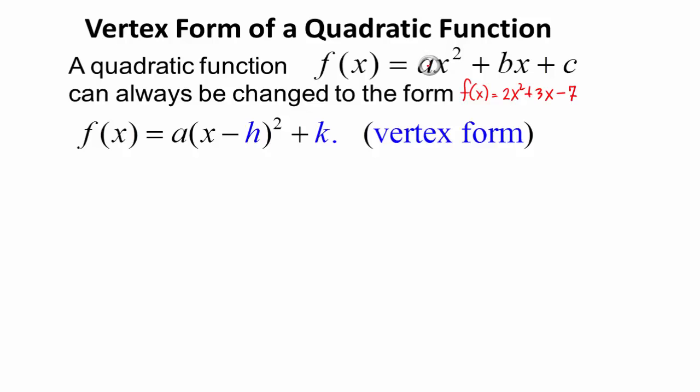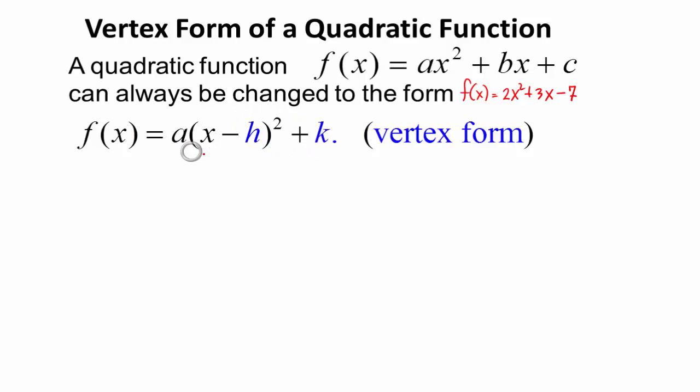Here a is 2, b is 3, and c is negative 7. It turns out that if you have this kind of form of the function, you can always rewrite it in this way.